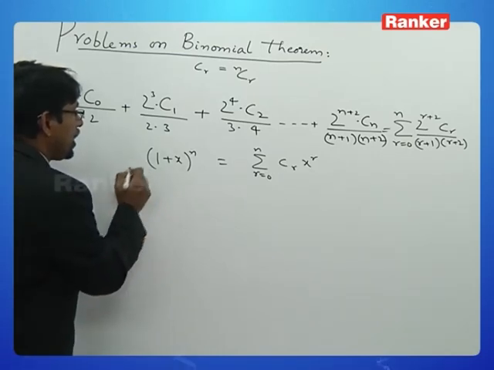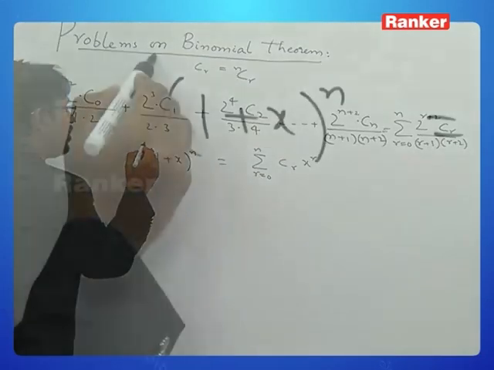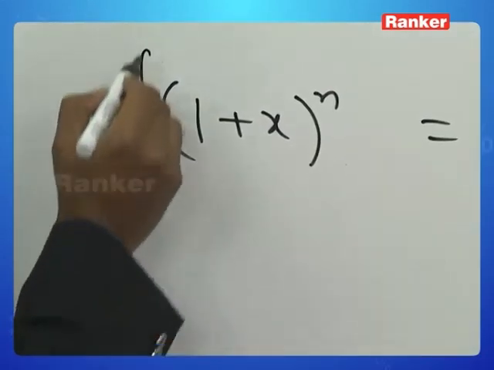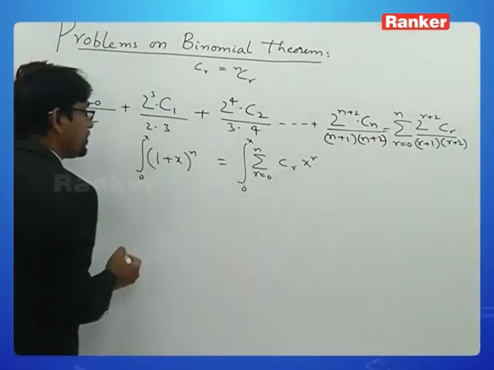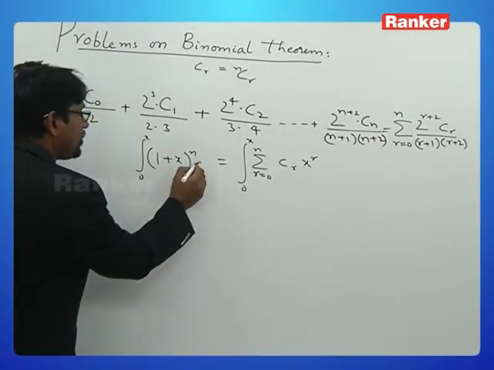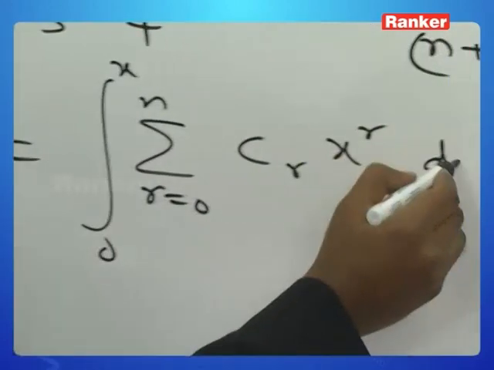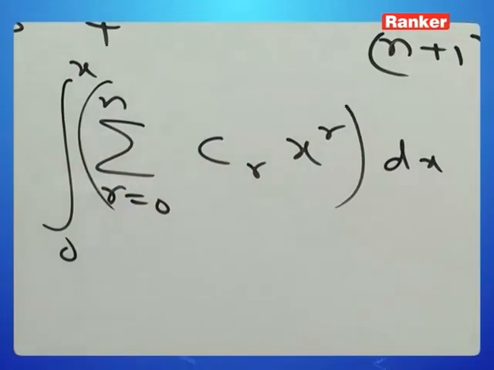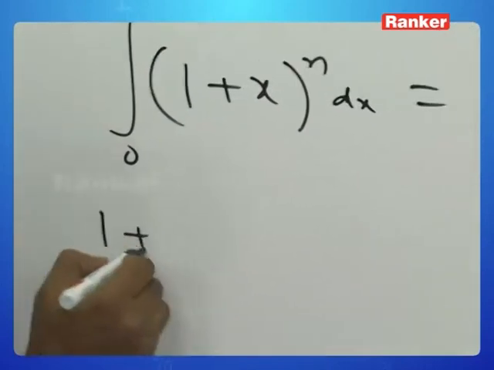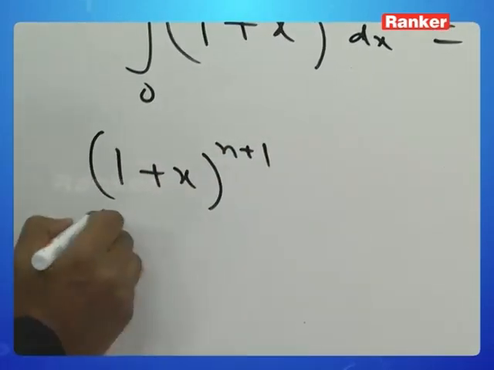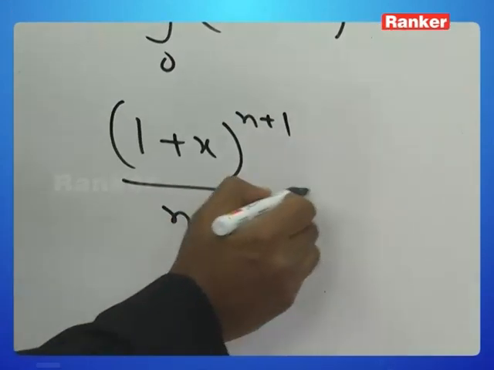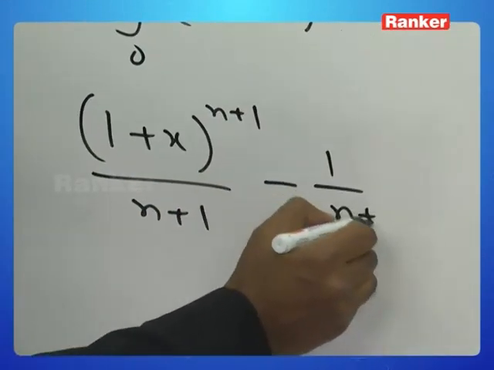Now, you integrate this within the limits 0 to x once. So, what do we have? This comes out to be 1 plus x raised to the power n plus 1 by n plus 1 minus 1 by n plus 1.